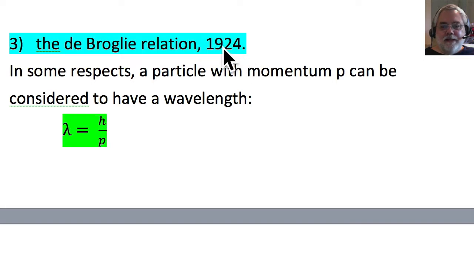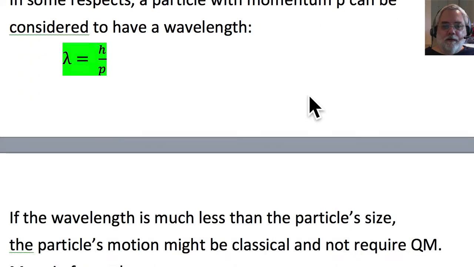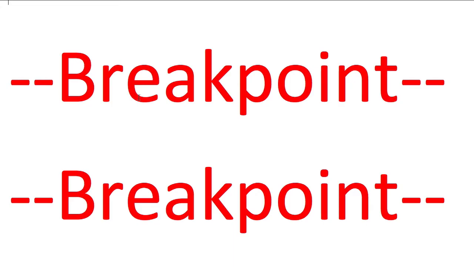But in the 19 years between 1905 and 1924, nobody else had done it. So, an interesting situation. We'll talk about it more in another lecture. But it is a use of h. In this case, h, not h bar. This is a possible time to take a break.